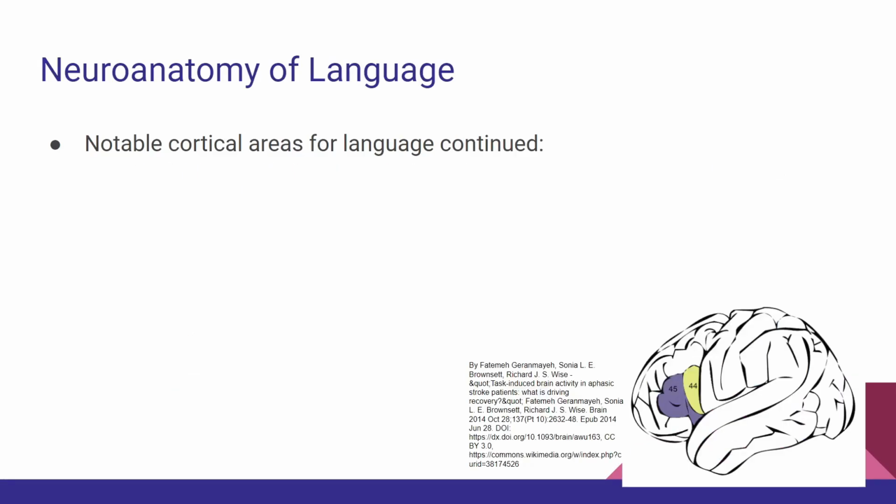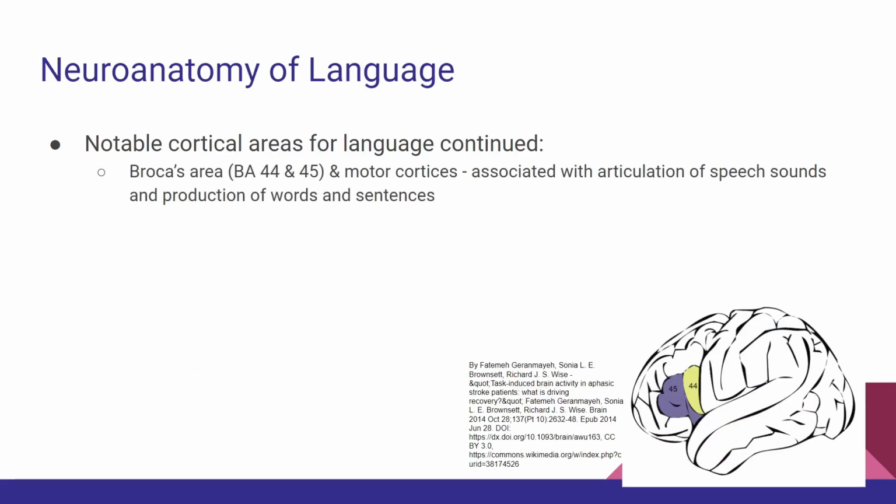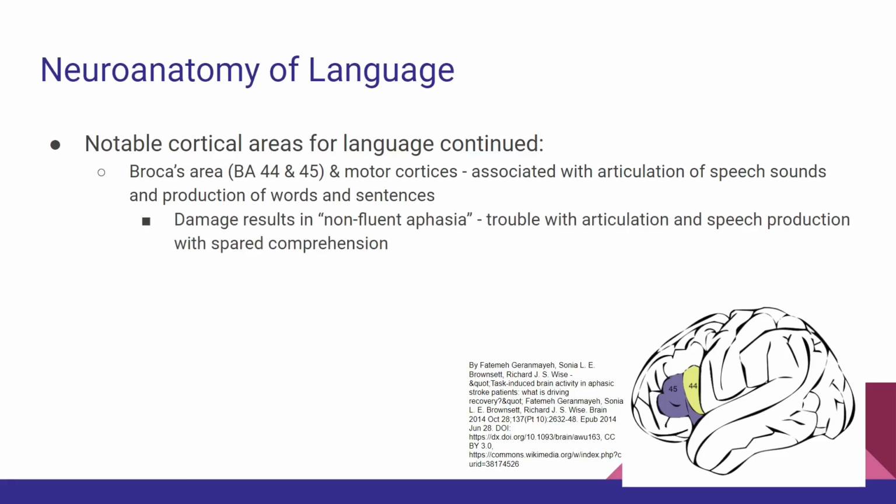Other notable cortical areas for language include Broca's area, or Brodmann areas 44 and 45, and the motor cortices. And those are associated with the articulation of speech sounds and the production of words and sentences. Damage to these areas results in non-fluent aphasia, which is trouble with articulation and speech production with intact comprehension abilities.